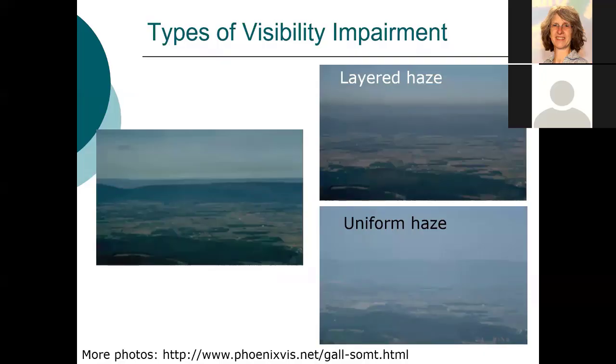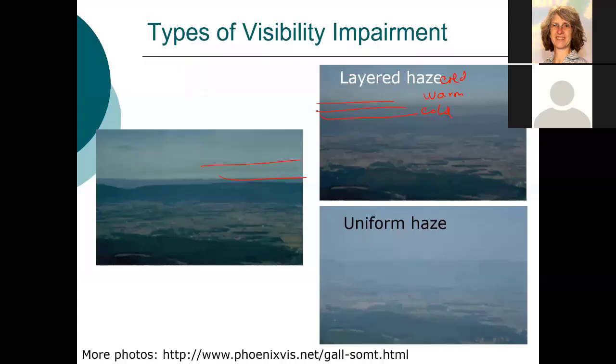We also talk about layered haze. We'll talk about a thermal inversion, but you can see kind of this haze right in here on the horizon. See it right here. So what happens is, in this type of a situation, it tends to be cold air trapped by warmer air and then cold air above it. So that's your thermal inversion.